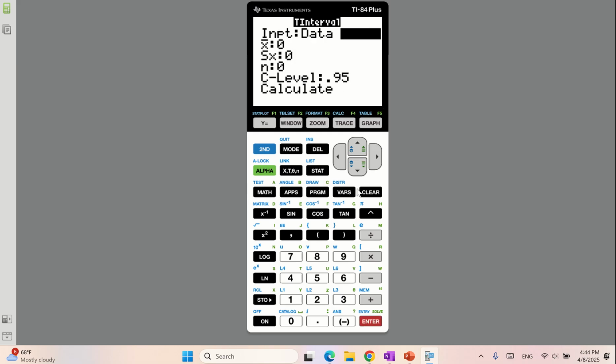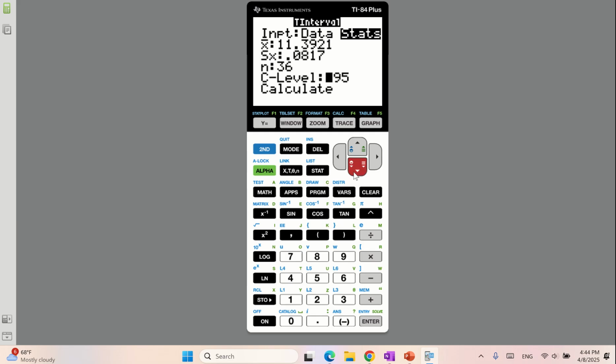Okay, so we're going to go to stats, and then we're going to input the stuff that they told us. So the X bar, that was 11.3921. Then you got SX, that was the standard deviation, 0.0817. Then N is equal to 36 cookies.